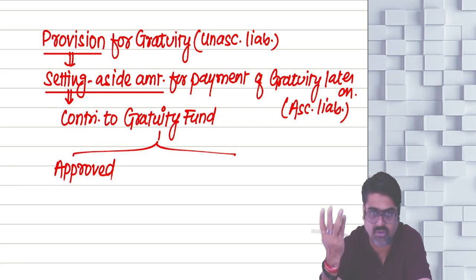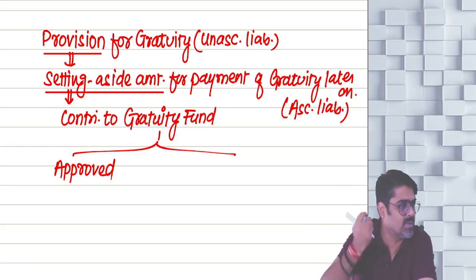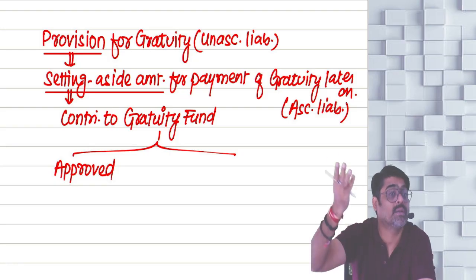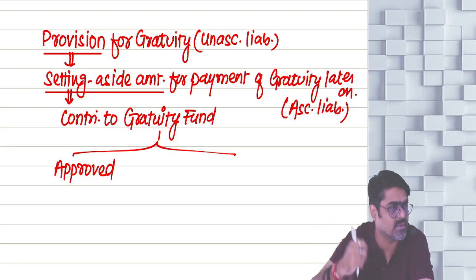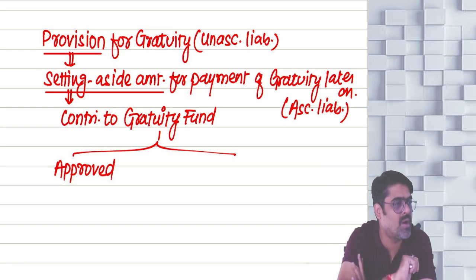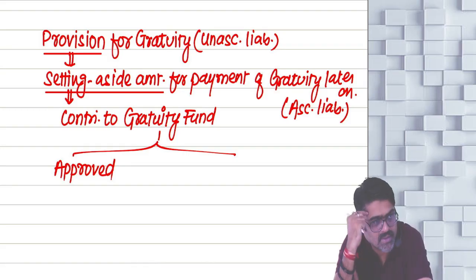Because of a statutory requirement, because of a law in India, I have to do this. If I don't do it, that law will take strict action against me, which I don't want. So I have to compulsorily set aside some amount, contribute that amount in gratuity fund for my employees.